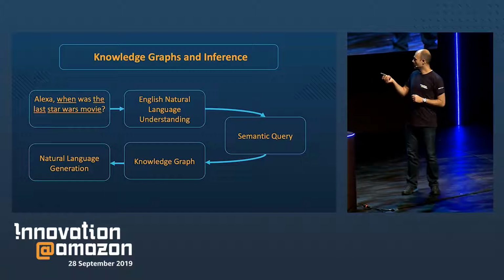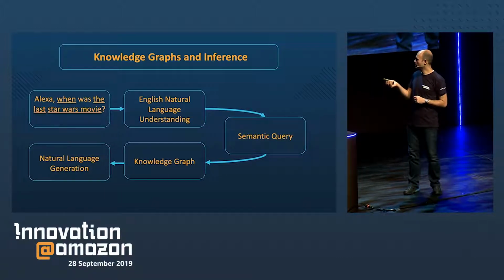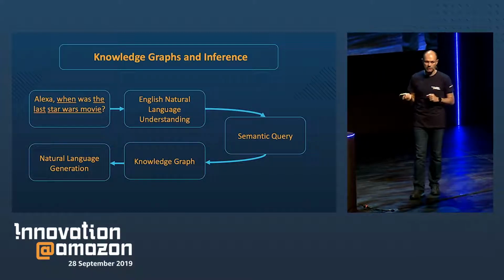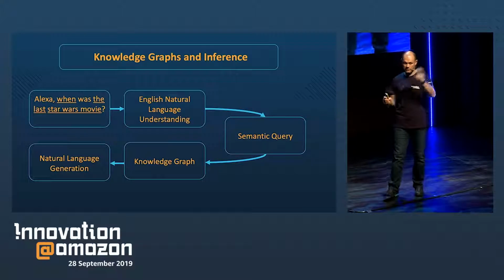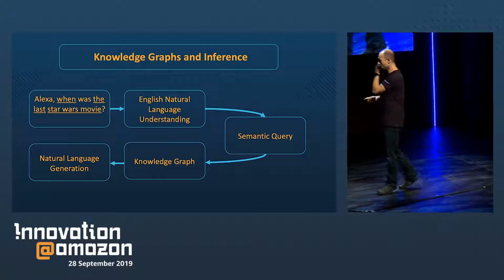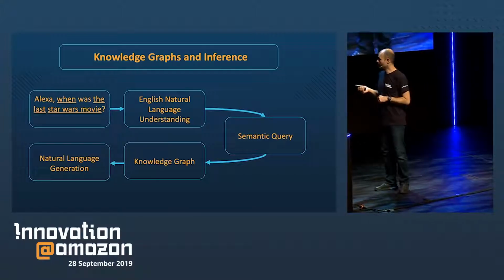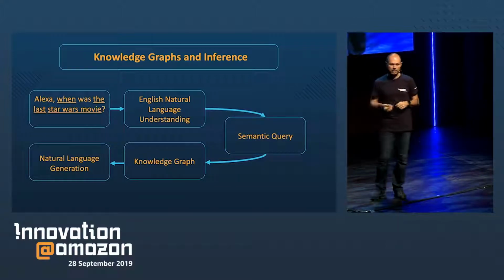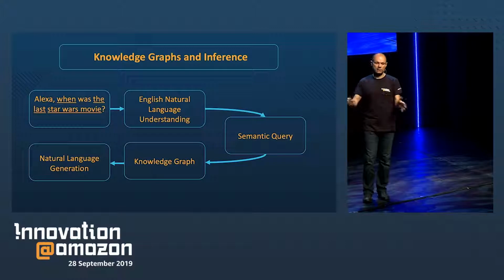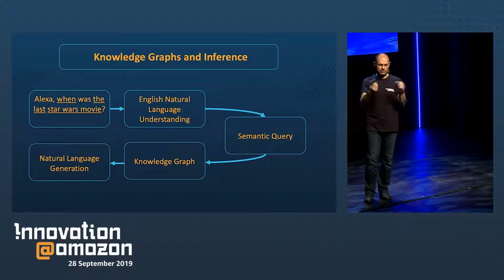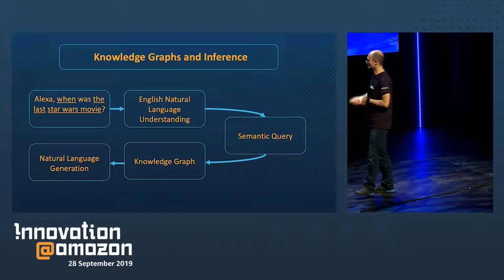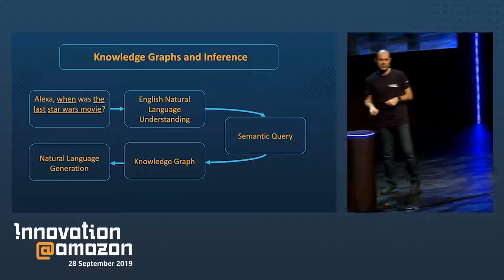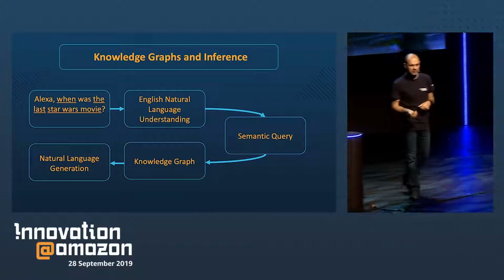So when you get this, you will look up and say that here, Star Wars movies means the Star Wars film series in your knowledge graph. We are talking about a temporal question, we are looking for the last one. So your semantic query here will look more or less like: give me all the films within the Star Wars universe, sort them by their dates, and pick the last one from that.